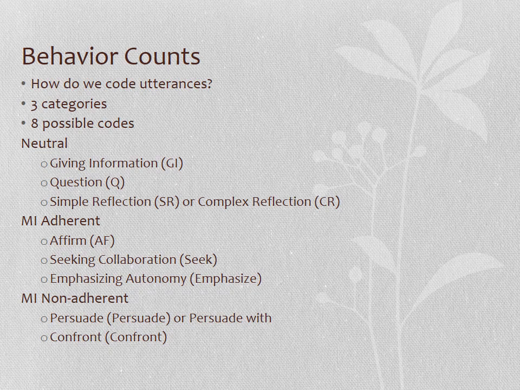And then you'll see a code for affirmations, seeking collaboration, emphasizing autonomy, and then persuading or confronting. Okay. So those are the 8 possible codes. You can see that they're sort of collapsed into 3 different categories. Some of these are very MI adherent things to do. Some are very MI non-adherent things to do. And then we have giving information, questions, and reflections, which are more in that neutral zone.